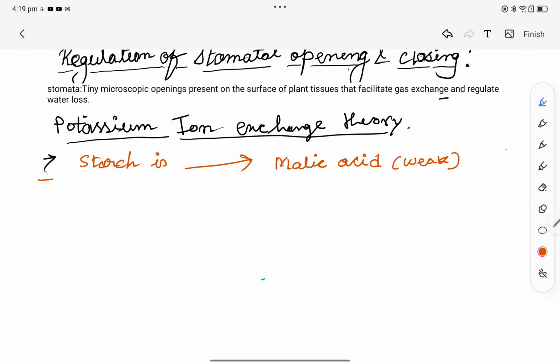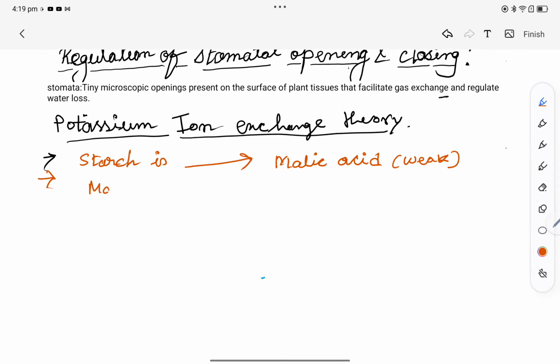So we are going to follow some steps here. Malic acid being a weak acid will dissociate itself into malate ion and hydrogen ion.